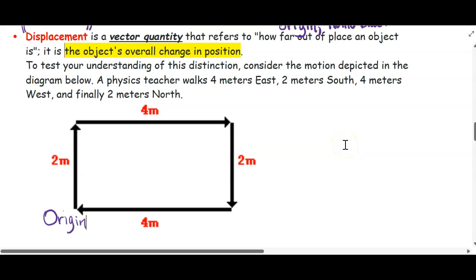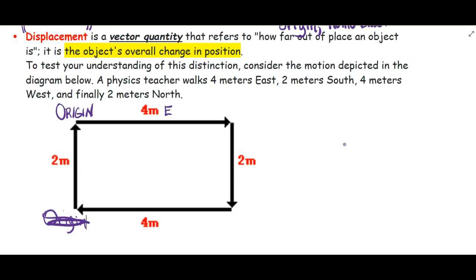Oh, I put the origin at the wrong place, didn't I? Yeah, the origin should be right up here, because that's where she's starting. She started walking 4 meters east. We would know how to measure that.